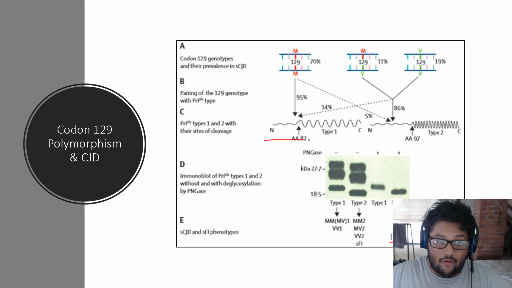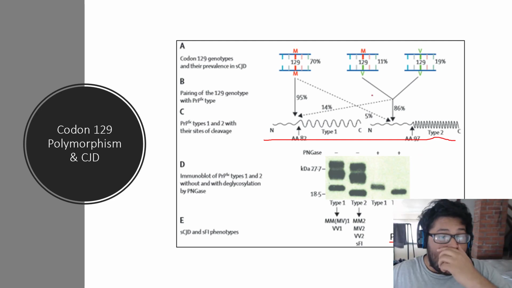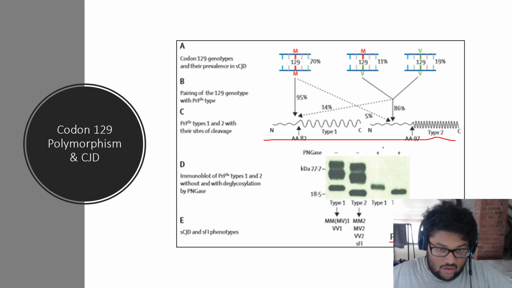And then they found the cleaving site, which changes depending on methionine or valine or heterozygotes, which is amino acid number 82 in the case of methionine, or amino acid 97 in the case of valine or heterozygotes. And I wasn't able to obtain the whole article because of a paywall, but from what I understood from Swansea University's medical school module on prion diseases, this cleaving is the reason why there's that beta sheet change that occurs.